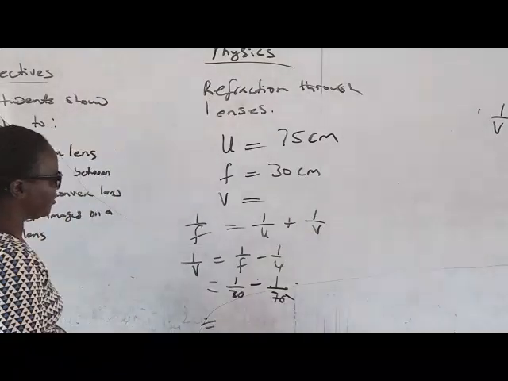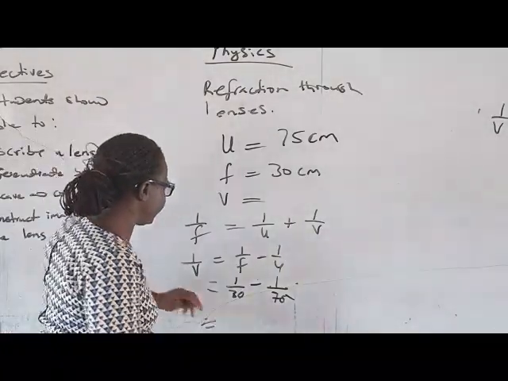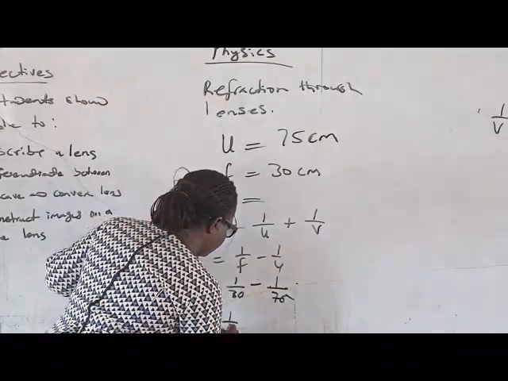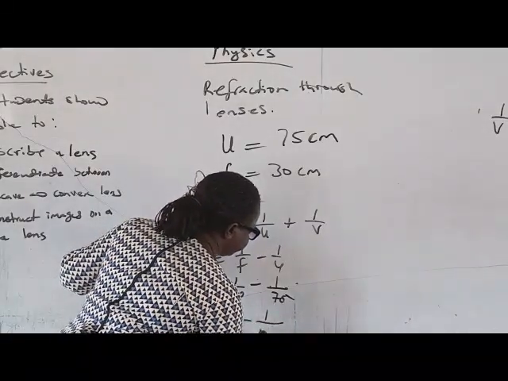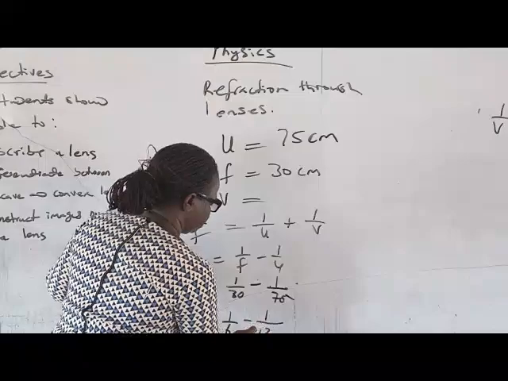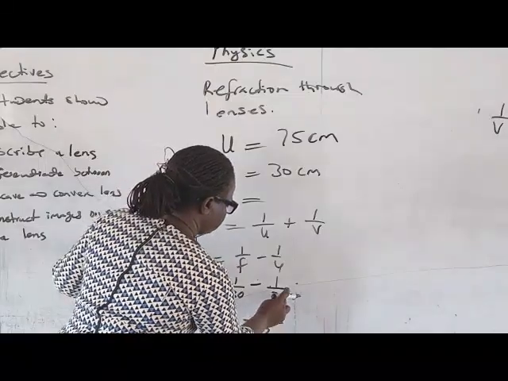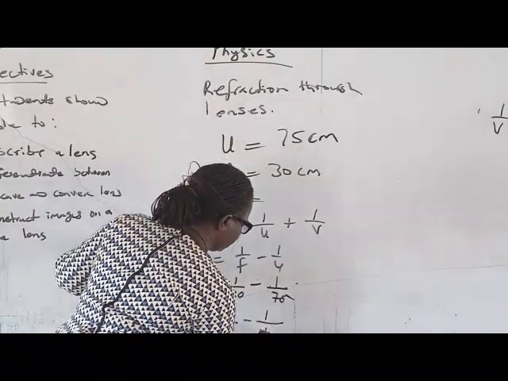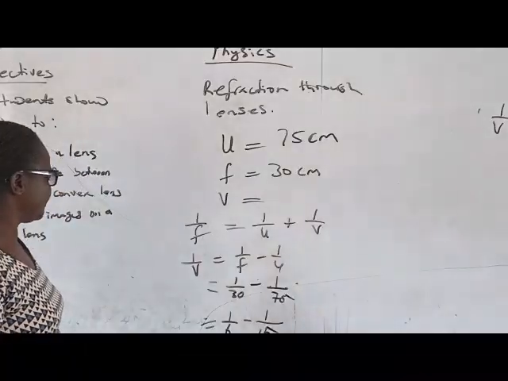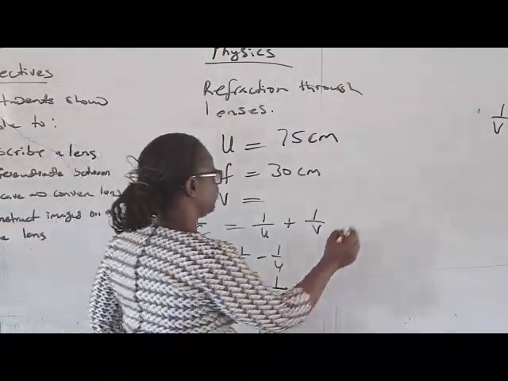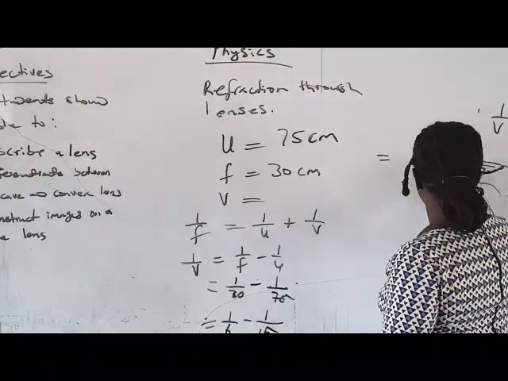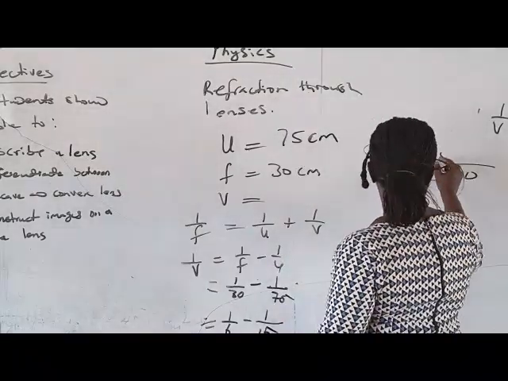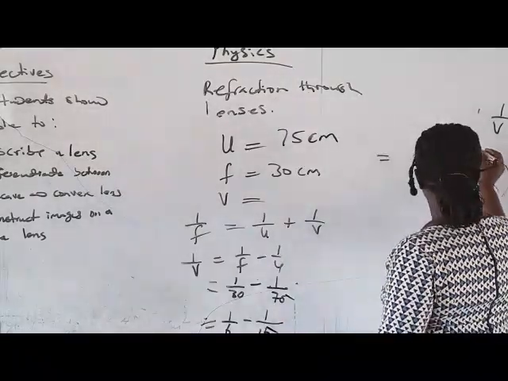If you find the LCM of the two, I would like to break it down so that I have something less. We have 1 over 6 minus 1 over 15. So the LCM, we can use 30. 6 there will give us 5, 15 there will give us 2.